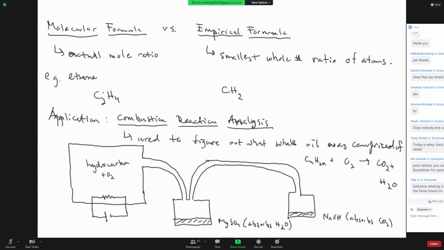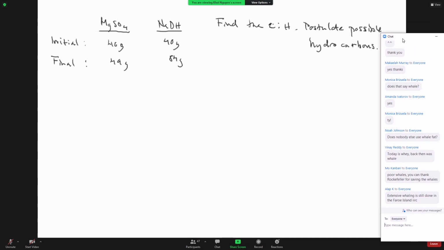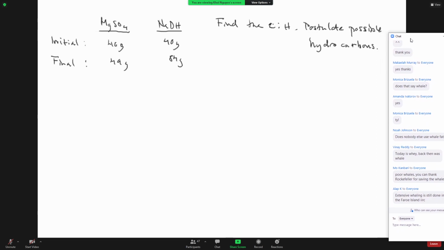Magnesium sulfate absorbs water, and sodium hydroxide absorbs carbon dioxide. That part was quick and it's a little small, so I didn't expect everyone to pick that up, but it's right here. So your sodium hydroxide absorbs carbon dioxide and magnesium sulfate absorbs H2O. So you're thinking it's 9 grams of water and roughly 44 grams of carbon dioxide.